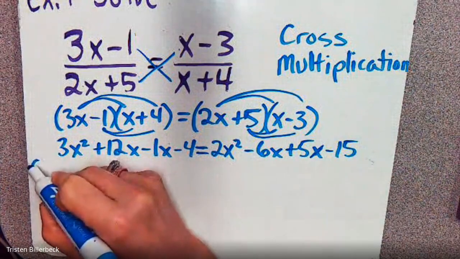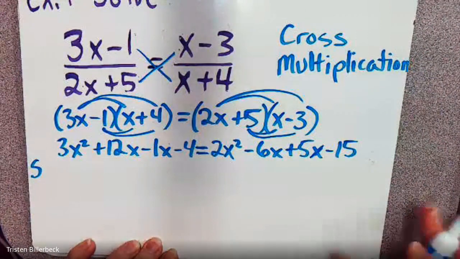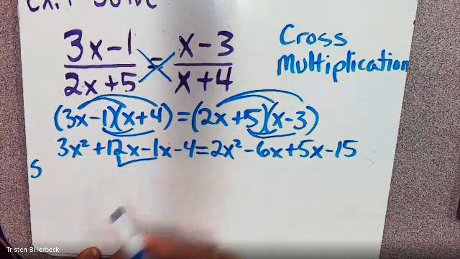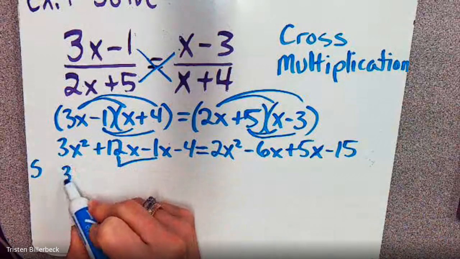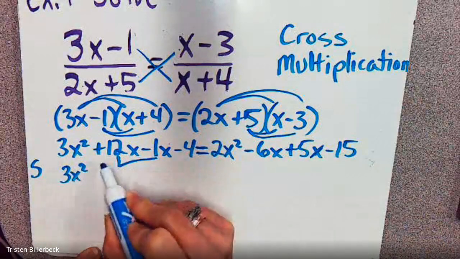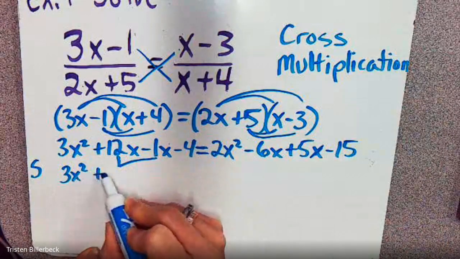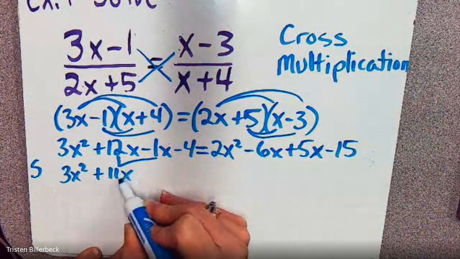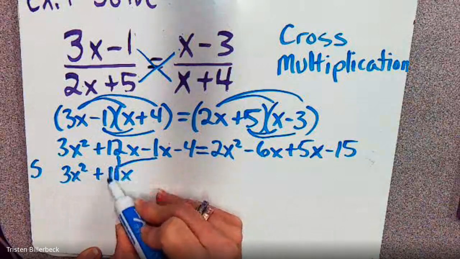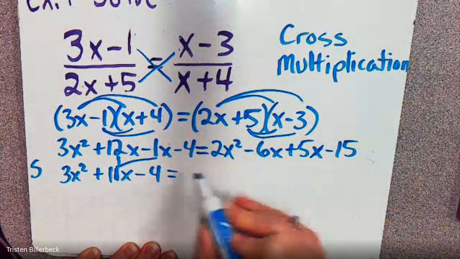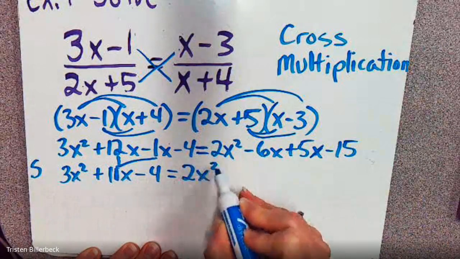So we're going to put a little S in the SAM process here. We have some like terms, that's why we're simplifying. We have 3x squared, and 12x minus 1x is 11x because we add those coefficients, and then minus 4 equals 2x squared.